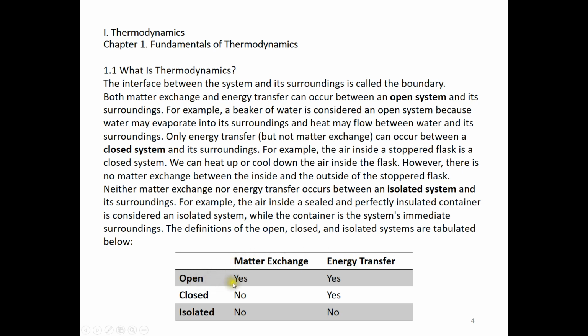An open system may have matter exchange and energy transfer with the surroundings. For a closed system, there's no matter exchange, but it's possible to have energy transfer. For an isolated system, there's neither matter exchange nor energy transfer.